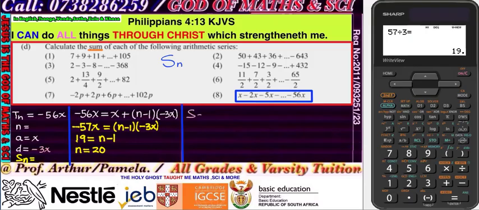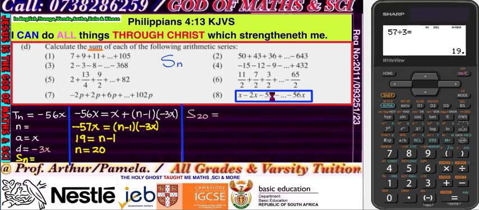So it's S subscript 20 equals 20 divided by the 2. It has to be 20 divided by the 2.